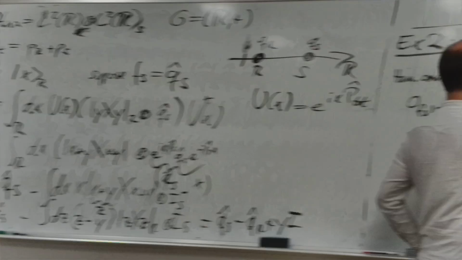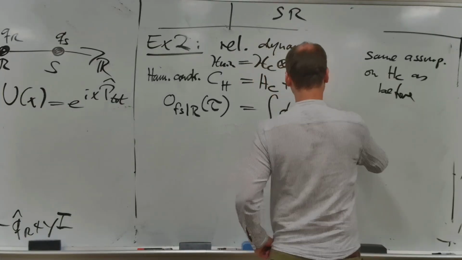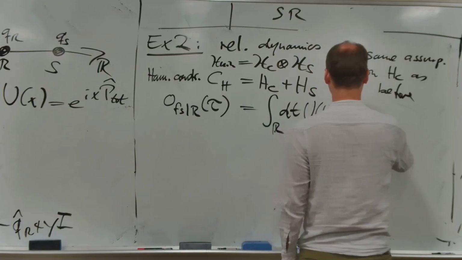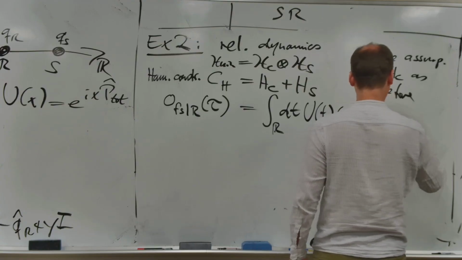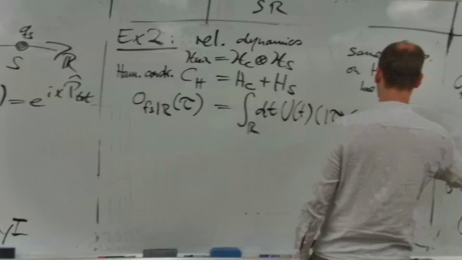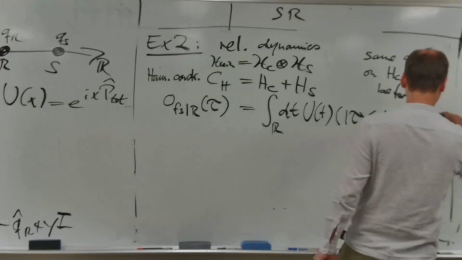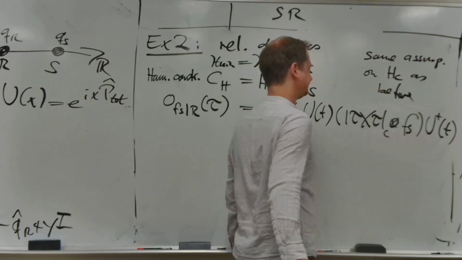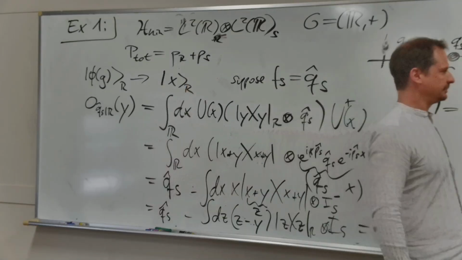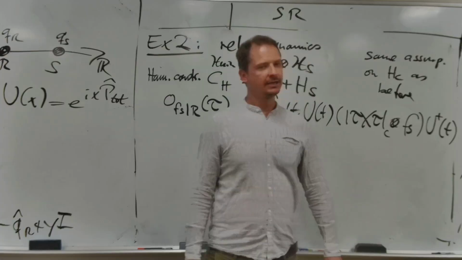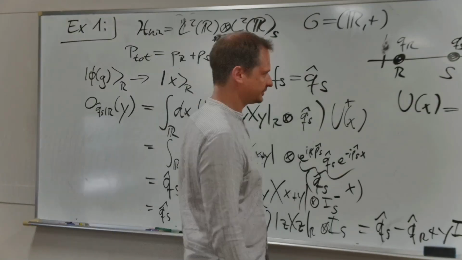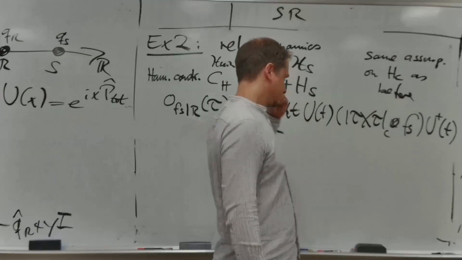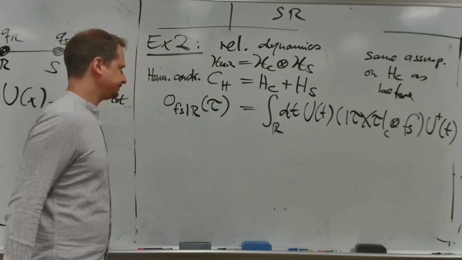And so now we have this integration over t, U of t, tau, and then Fs, and then U dagger of t. So this is a relational observable that measures Fs when the clock reads tau. That's the quintessential relational observable in the canonical quantum gravity community.